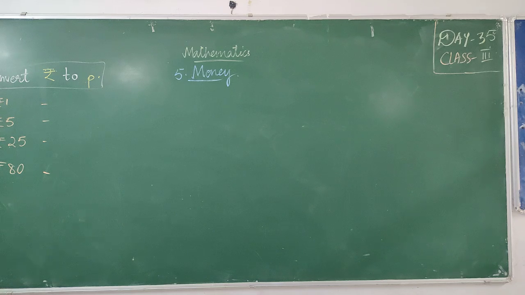If the question is given in both forms, rupees also is there, paisa is also there. I'll change the chalk and write the question like this. 23 rupees 80 paisa. I'm not writing P because it is understood it is after the dot.